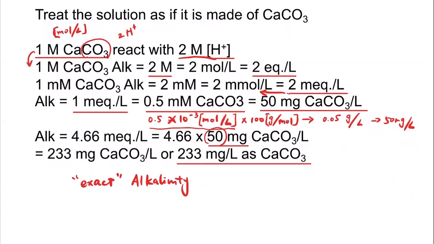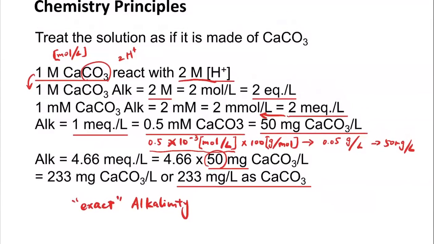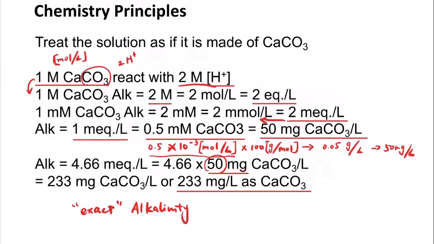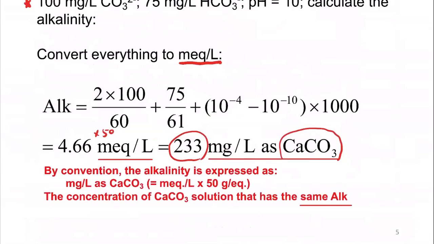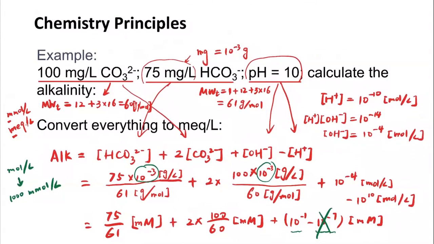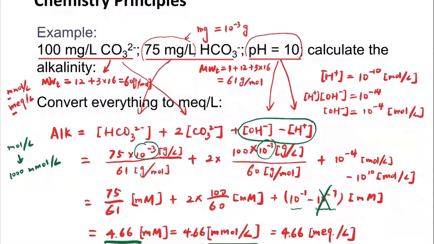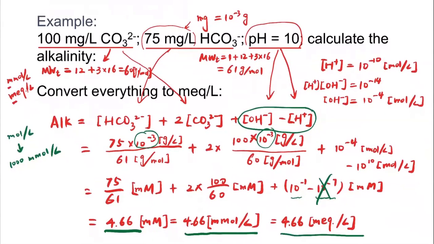Okay? So compared to that, you also have the approximate alkalinity. What the approximate alkalinity means is that the calculation doesn't consider these terms. Okay, so if the calculation only considers the bicarbonate and carbonate, then that's approximate alkalinity or rough alkalinity.